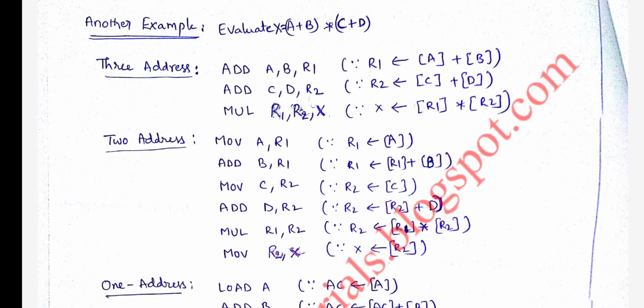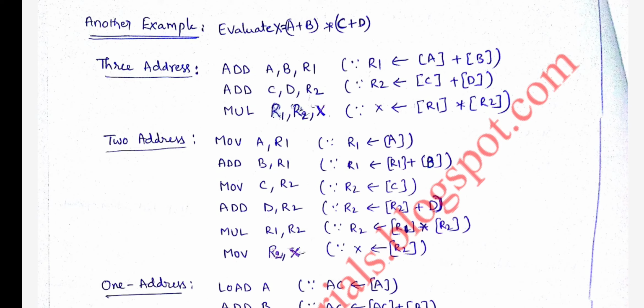See here, first in 3 address, add A comma B comma R1. Our aim, see carefully, is X is equal to A plus B into C plus D. So before evaluating this expression, we have to evaluate the bracket things first.